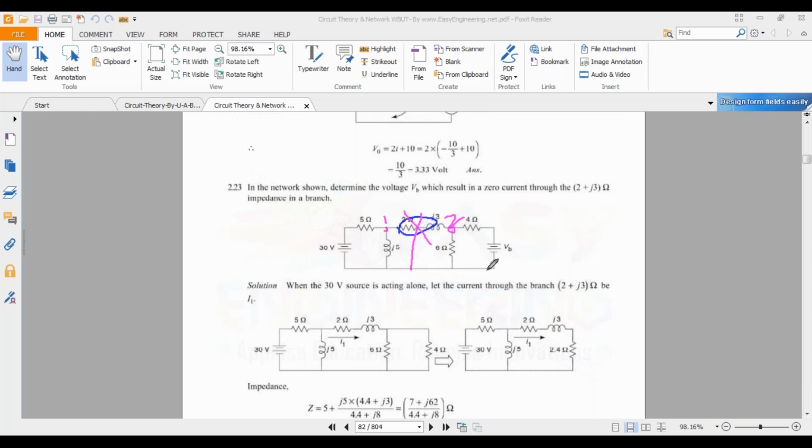We'll check that one. Now there are two sources here, a 30 voltage source and VB. We can solve this circuit by using nodal analysis at nodes 1 and 2, or by the second technique, KVL for loop 1, loop 2 and loop 3, and the third method is the superposition theorem.